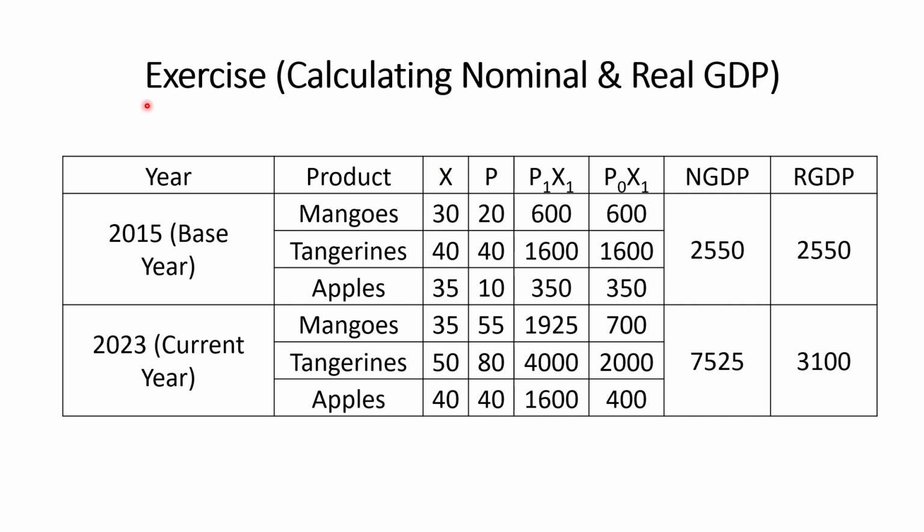Okay, so let's do it. In 2025, let's say it's the base year, and we are currently in 2023. Just imagine that we are currently in 2023, and we want to determine the real GDP based on 2025.